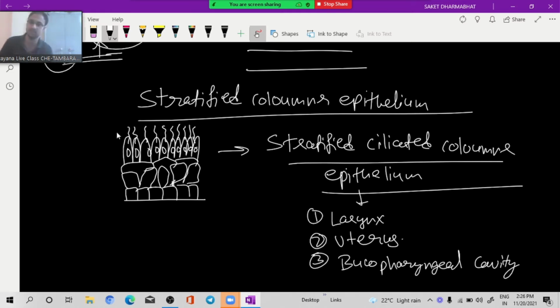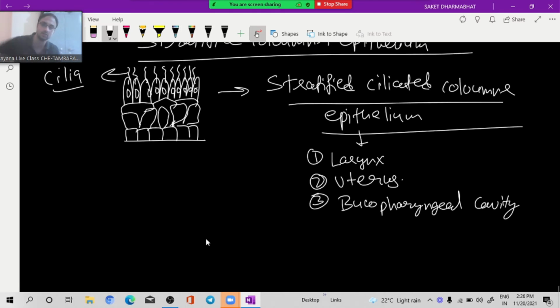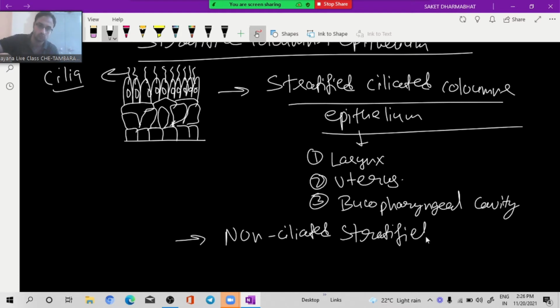And suppose if cilia are not present over this columnar epithelium, then that will be called as what? Non-ciliated stratified columnar epithelium.